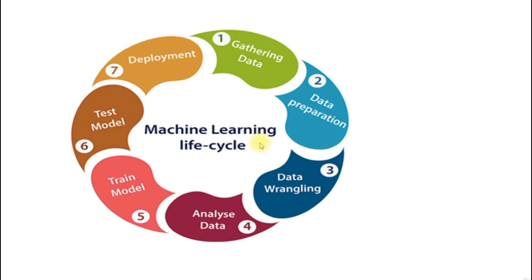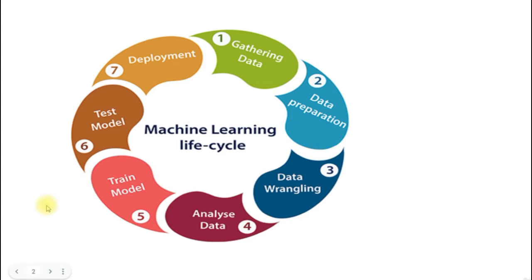So these are the various stages that are involved in a complete machine learning project. You first gather the data, or data collection or data acquisition step. Then you have data preparation or data wrangling, data analysis. So this is all data pre-processing steps. And then based on the data that you have analyzed and cleaned, you train a machine learning model.